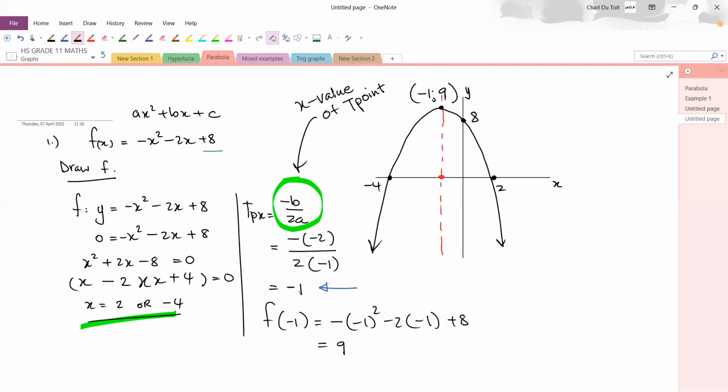You could have done it manually as well, just doing minus 4 plus 2 divided by 2, and that would be -1. But that becomes complicated. Yeah, now I understand. But I want you to learn this green formula. Otherwise, this thing is going to bite you when you have difficult stuff. And then I just substitute that x value back into the formula to get the y value.